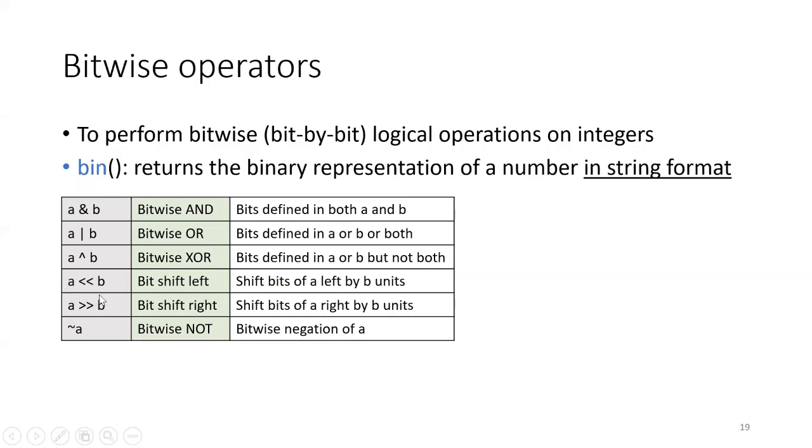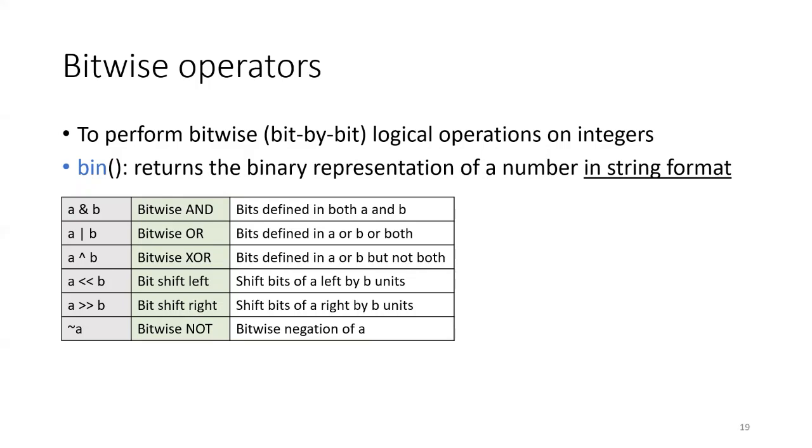By shift left, they will basically move the bits of the input to the left. And how much they move them to left is determined by B. So for example, we can say move the bits of A just with one position to left, or we can use two positions. We will see them in an example.